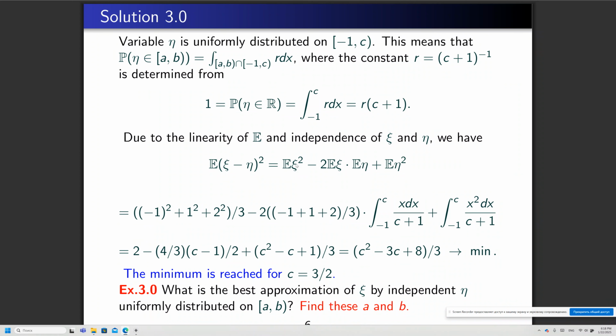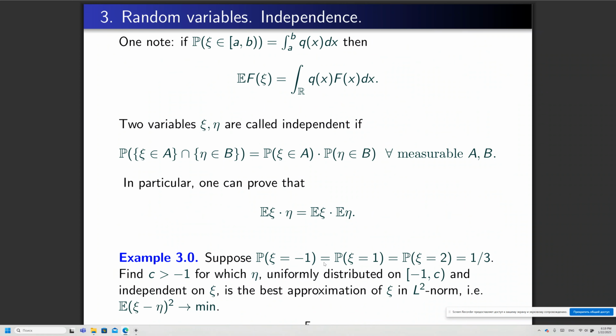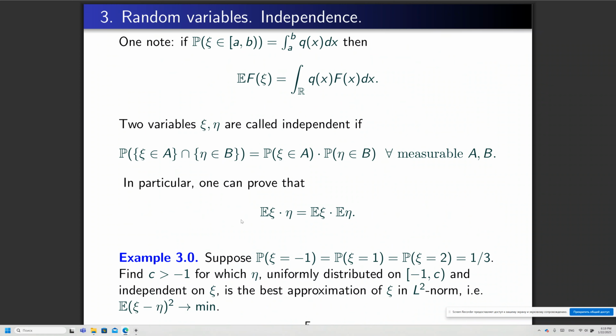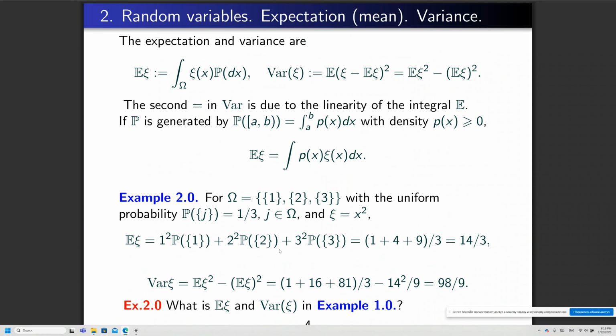Now we already know how to compute expectation of xi squared. Xi takes only three values, minus 1, 1, and 2, with the same probability 1 over 3. So we need to take minus 1 squared multiplied by 1 over 3, 1 squared multiplied by 1 over 3, and 2 squared multiplied by 1 over 3. This is the same as we did here.